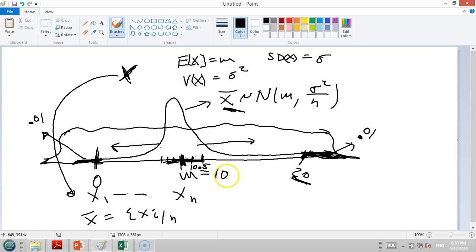And so what I say is, because I'm getting such an extreme number, such an unlikely number from X bar, what am I going to do? Reject the null hypothesis that the mean is 10, that this population mean on X is 10, okay? Because my X bar is 20.